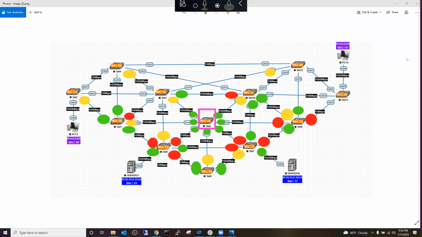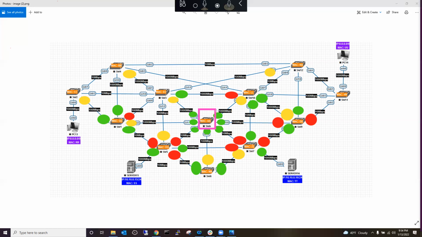Yes, it's 19. So that's going to be 19, which bounces us to switch number 3, right? Yeah. Then from switch number 3, we got a 1,000 meg link, which gives us 23. Yeah, 23 total to the root.